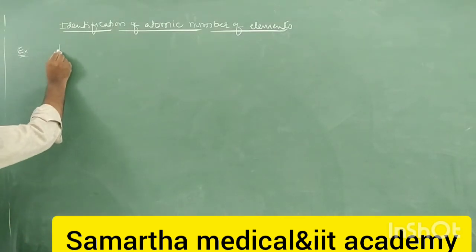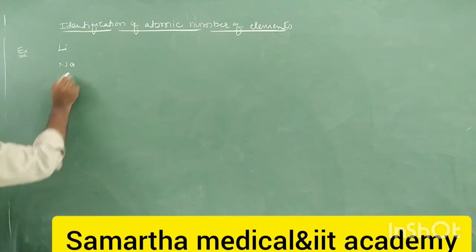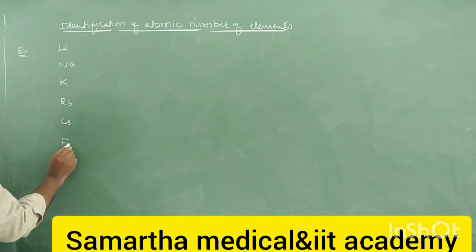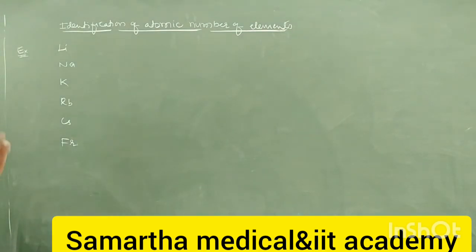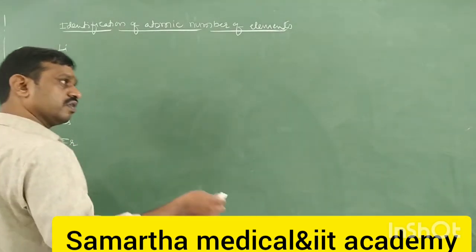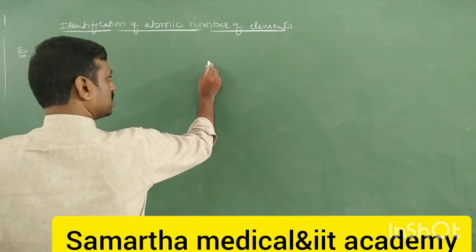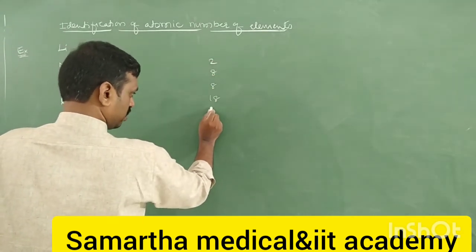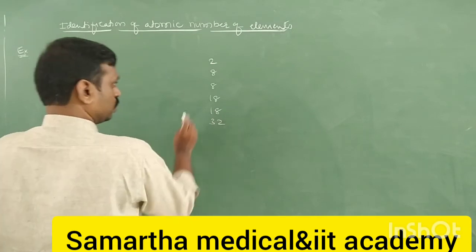Lithium, sodium, potassium, rubidium, cesium, francium. Identify the atomic number of these elements. Right. To identify the atomic numbers, I'll tell you there are two methods. First method is to remember the magic numbers 2, 8, 8, 18, 18, 32.